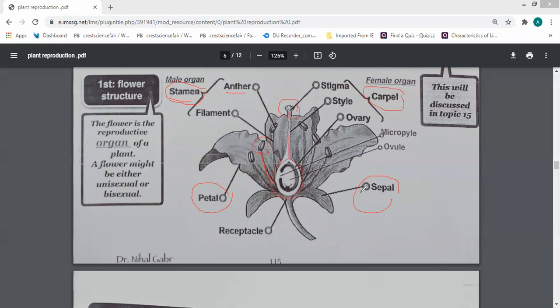Inside this ovary is the ovule, and there is a point in front of the ovule, leading to the entrance, called the micropyle, which means from this point the pollen grains enter into the ovule or egg.